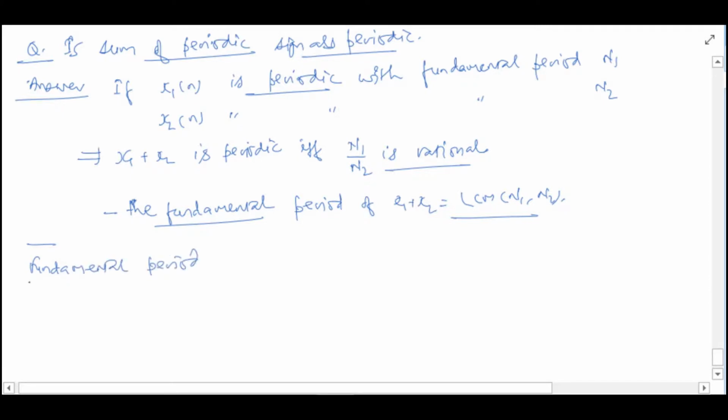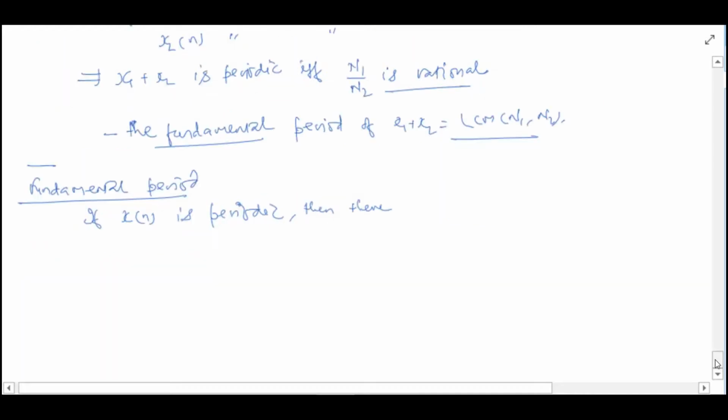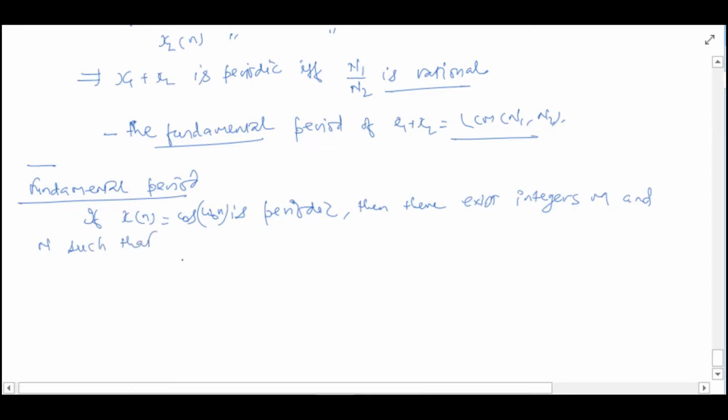Fundamental period. If x[n] is periodic, then we saw that, let's say x[n] equals cos omega naught n is periodic, then omega naught by pi is rational, so there exist integers m and n such that omega naught over 2 pi is m by n, or omega naught times n is 2 pi m.